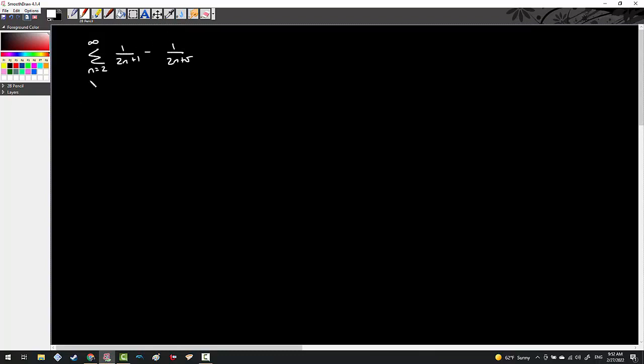So if I was to expand this, it would be 1/5 minus 1/9 plus 1/7 minus 1/11, and then plus 1/9 minus 1/13. So this is the first three terms right here.